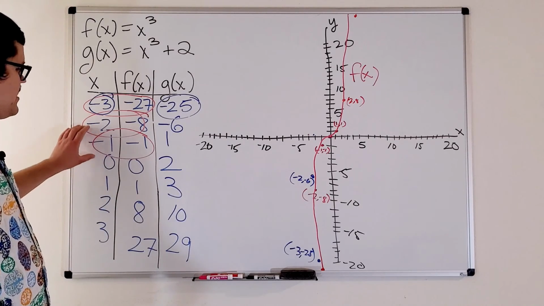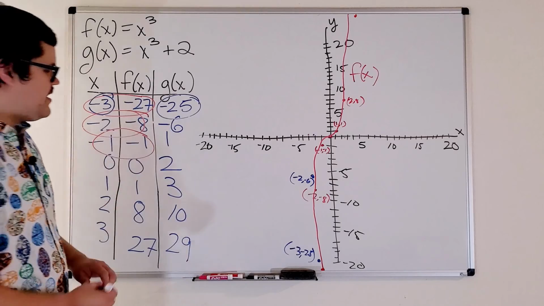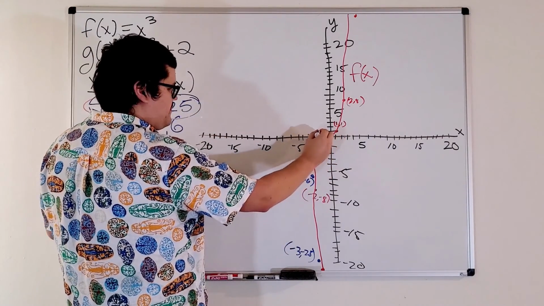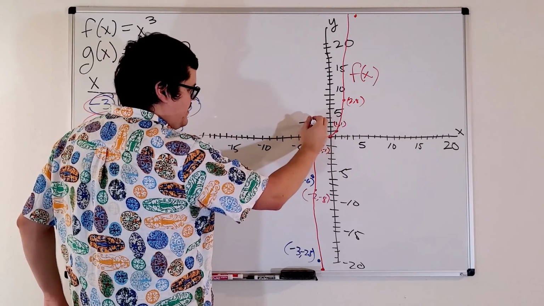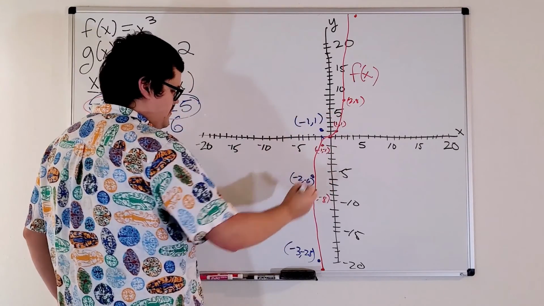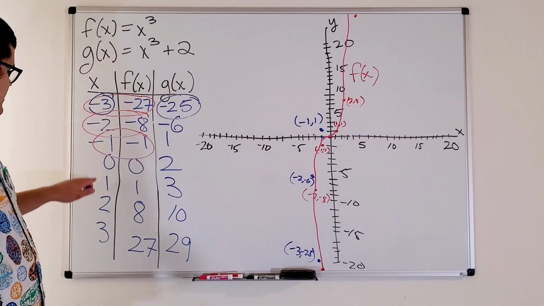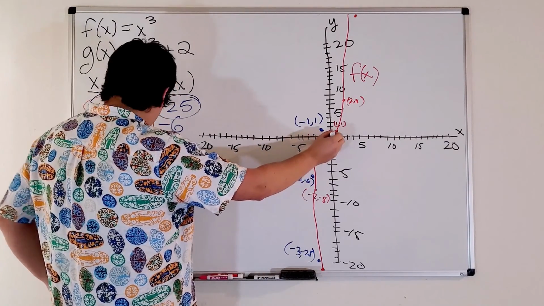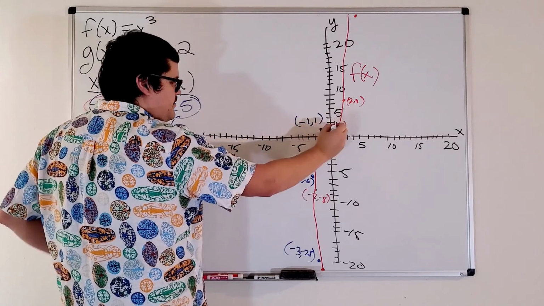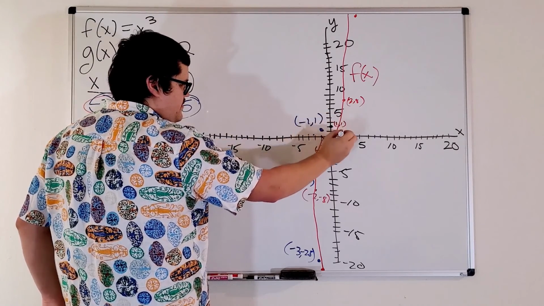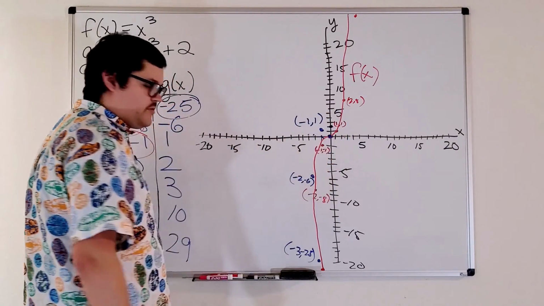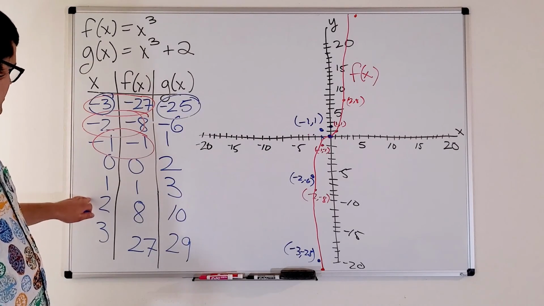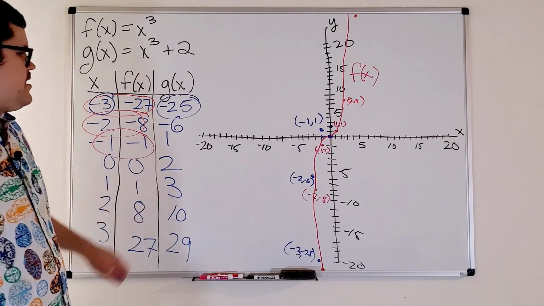Third point, -1, 1. -1, +1 means we go up in the y. Fourth point, 0, 2. So 0 means don't move at all, and then go up 2. So right there. I'm not going to label it. Next point, 1, 3.